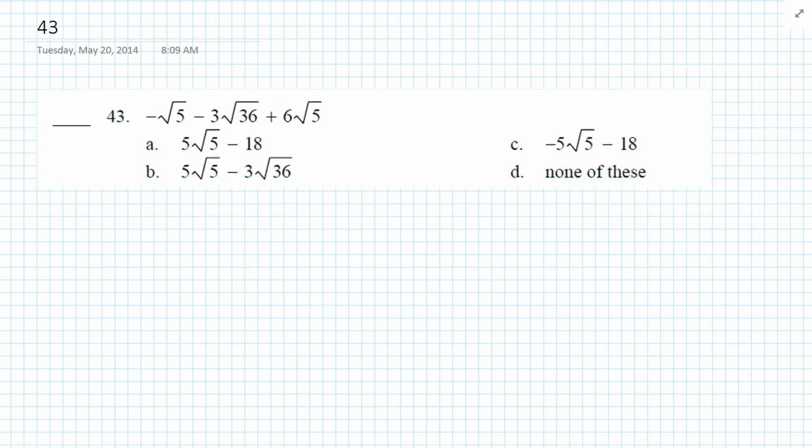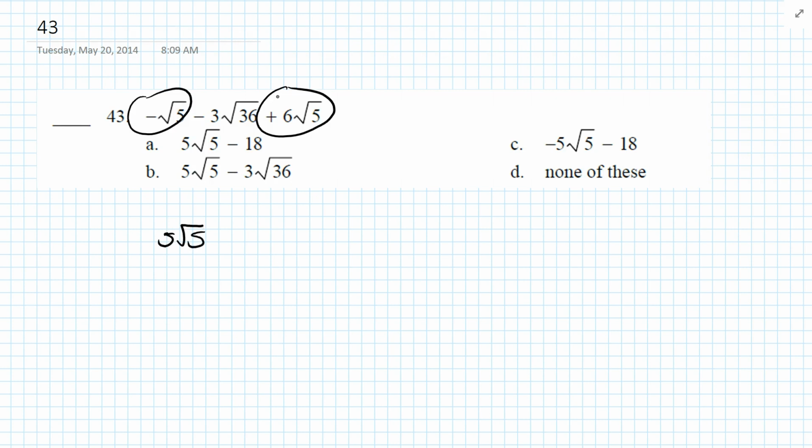Okay, 43. Negative square root of 5 minus 3 square root of 36 plus 6 square root of 5. Okay, so we can add this and this together. So when we do that, that's going to be positive 5 square root of 5.